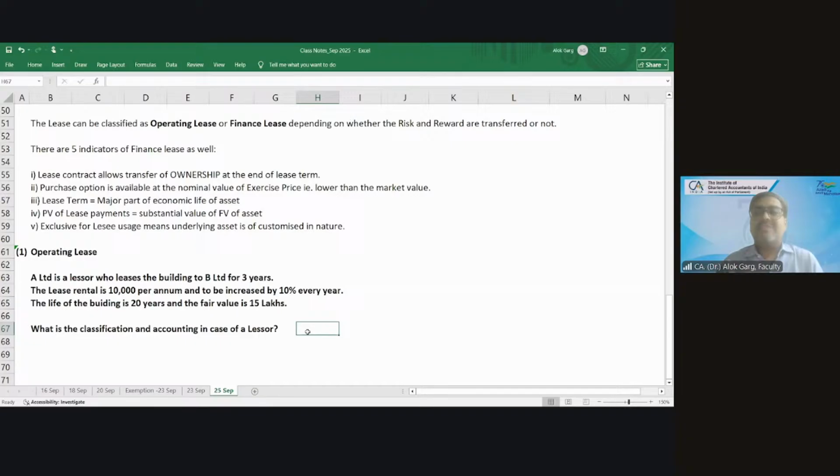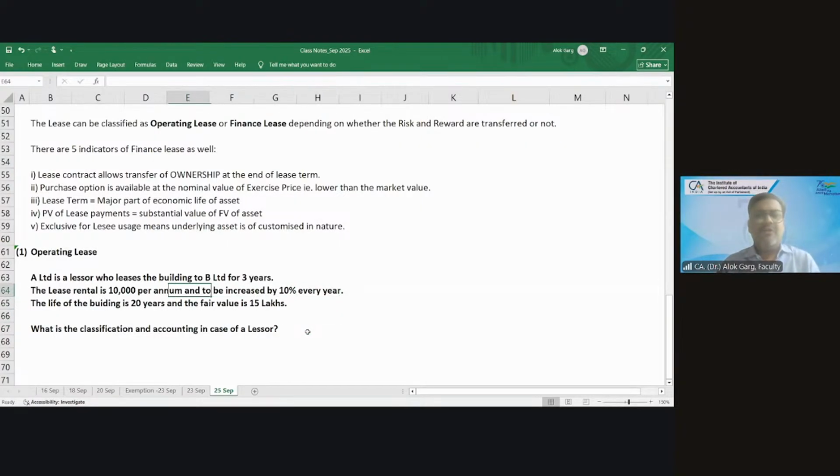First of all, what is the life of this asset? 20 years. What is the lease term? 3 years. Is it for a major part of the economic life? No, 15% only. What is the rental per annum?